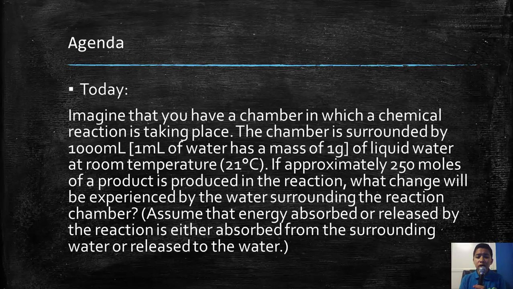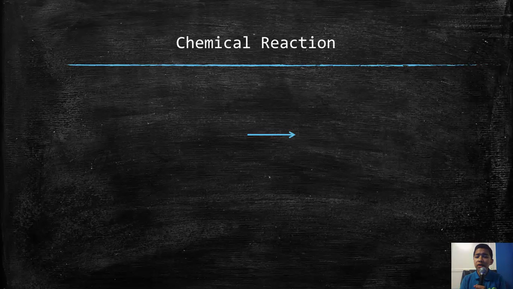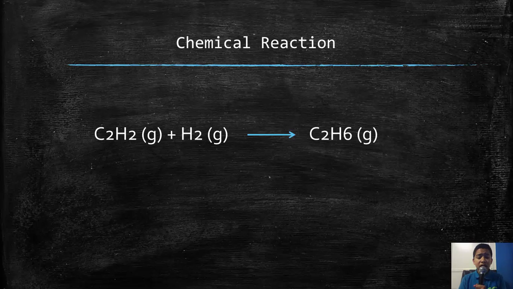So this question essentially tests the knowledge that we have acquired throughout the whole semester. Let's break it down into each individual part. So the chemical reaction that I was given was as follows.